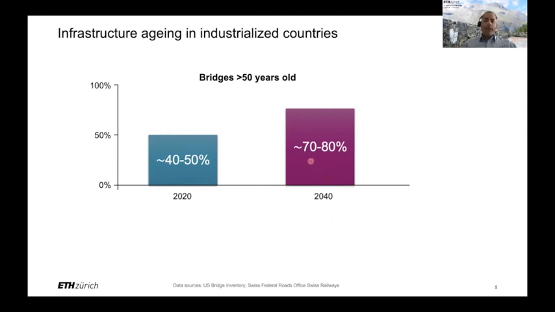So that means that by large, the majority of the structures within the next coming 20 years will exceed the age of 50 years. And that simply means that there is an expected wave of need for replacement or at least heavy maintenance of all those bridges. This, of course, poses a challenge to the budgets and to the technology that we are using today in order to inspect and maintain those bridges.